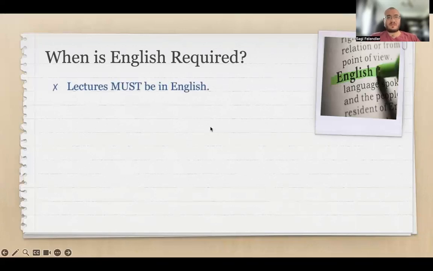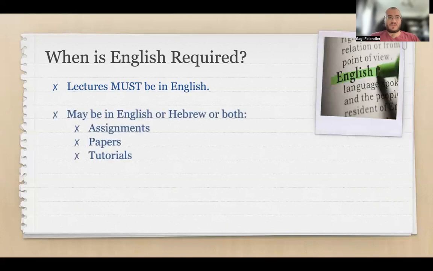So when do we use English? If you teach an English medium course, a course in English, the lectures must be in English. Okay, or at least mostly in English. So the lecture is non-negotiable. What is negotiable is what happens around the lecture.